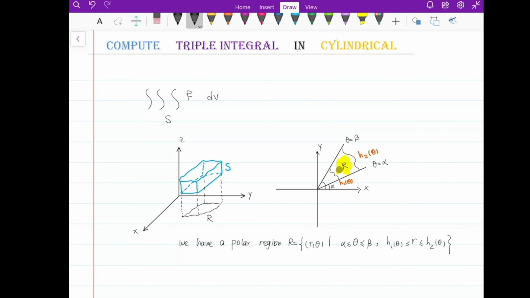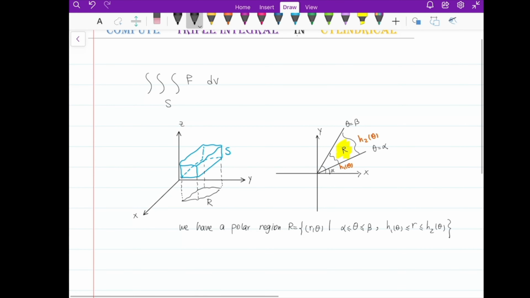Okay, and let me actually give you the description of S as well. So the solid S has this description: all the (x, y, z) such that x and y, the first two coordinates, are in the region R that we described in here, and then z is between g of (x, y) and h of (x, y).